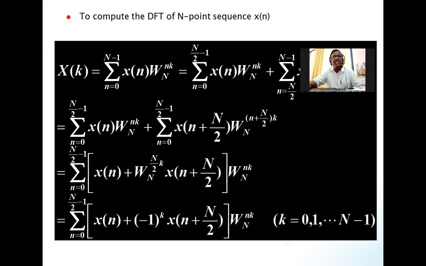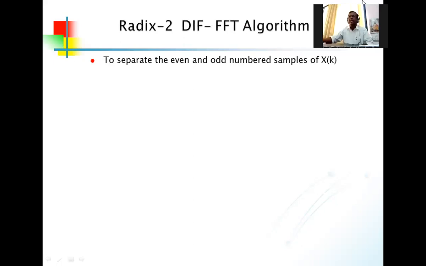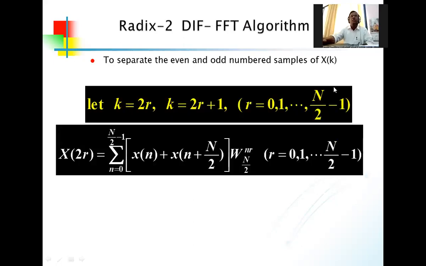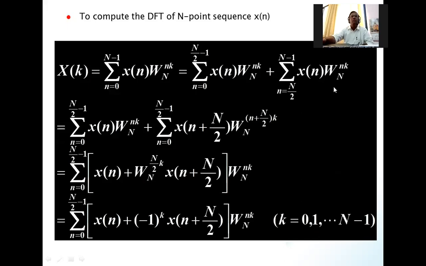Now let us understand with the equation part, how we are getting these values. As we know, the definition of DFT is X of k equals the sum from n equals 0 to N minus 1 of x of n, W_N to the power kn.